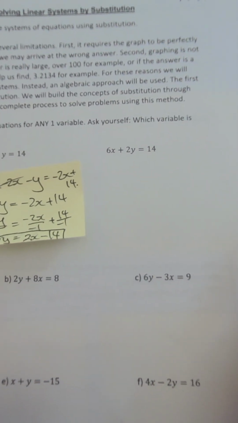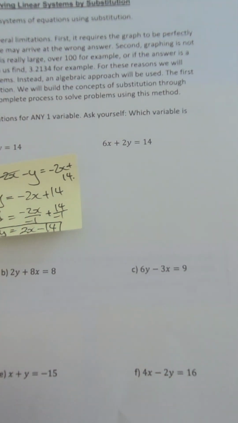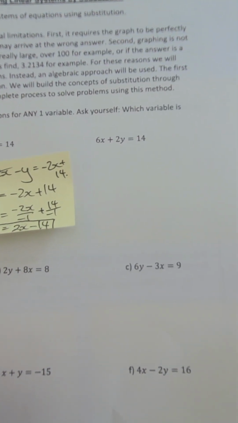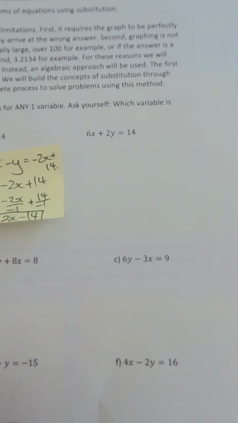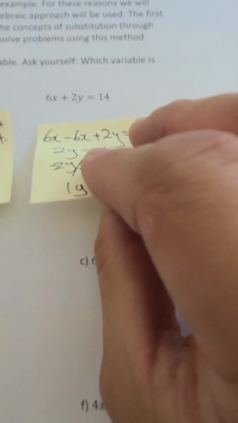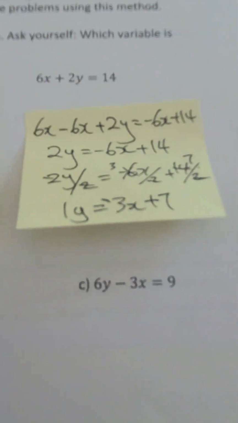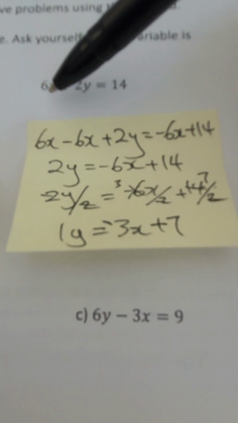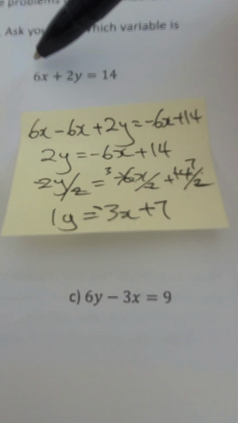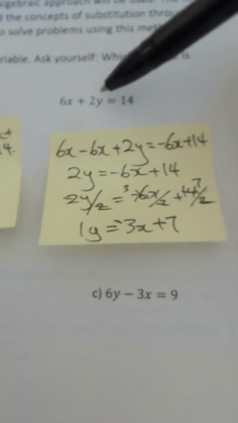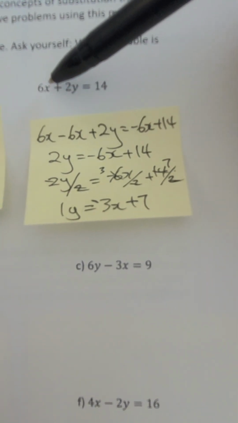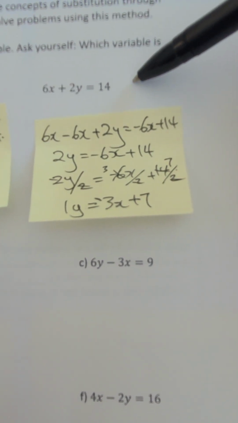Now for the third one here, which one is easier to isolate? Okay, so personally I find it easier to isolate y, simply because this is a smaller number. It is a smaller number between 2 and 6. So I'm just going to choose to isolate y. So I will need to move the 6x to the other side.